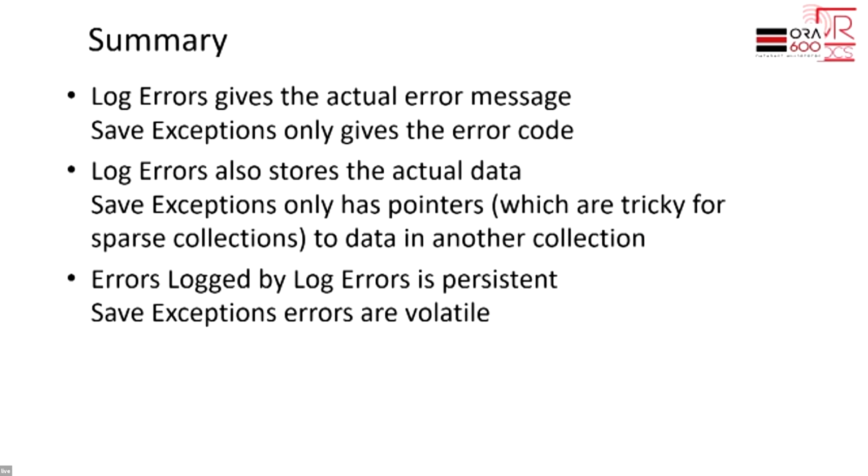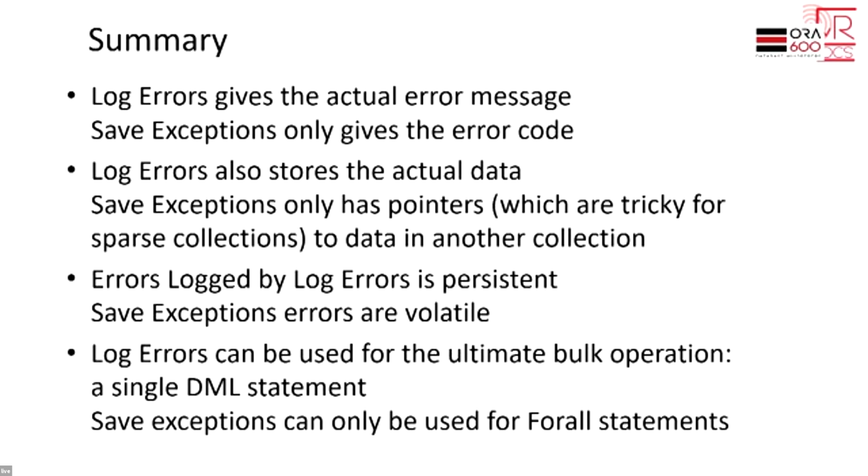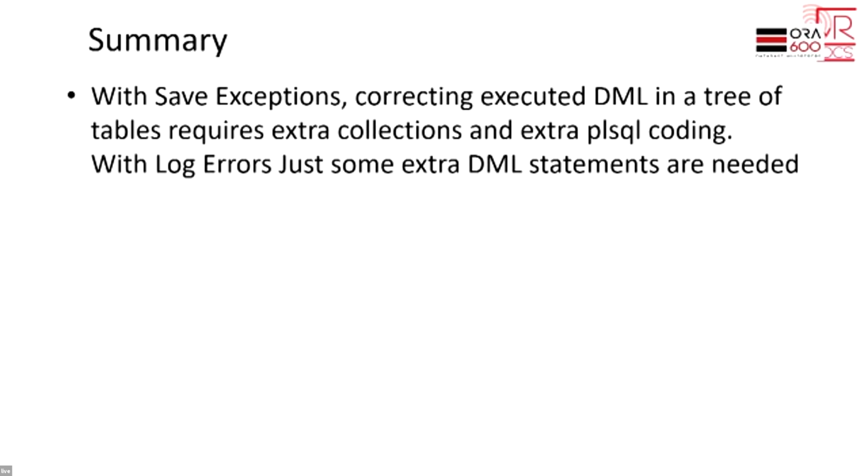But for save exceptions, they are volatile. As soon as your PL/SQL code finishes, it's gone. Log errors is used for the ultimate bulk operation. You can do a single DML statement, just a simple insert, update, delete, or merge. You add your log errors and it just works. And save exceptions, obviously, only within a FORALL statement.